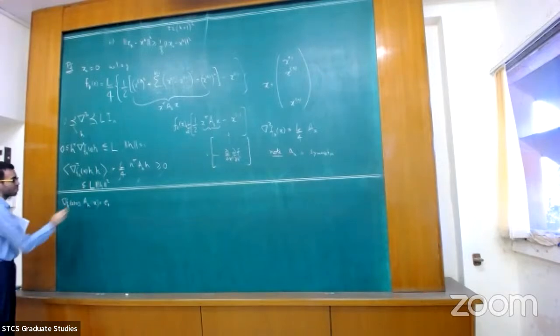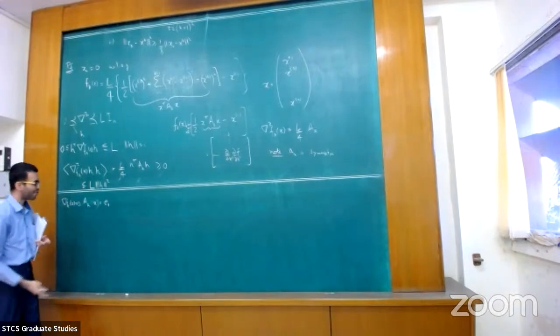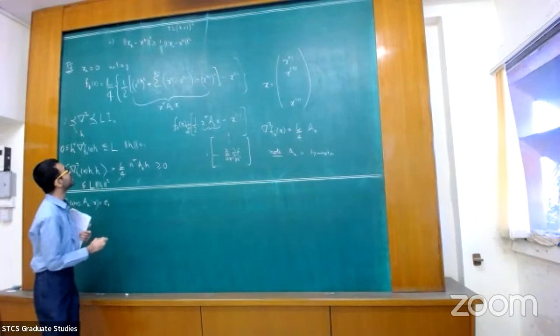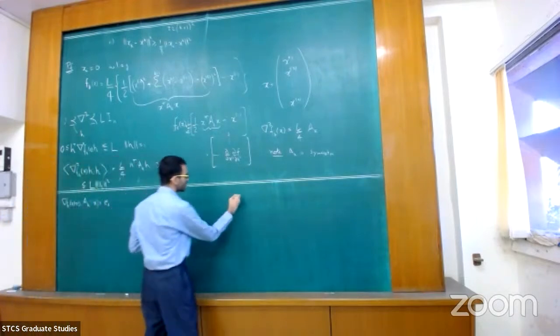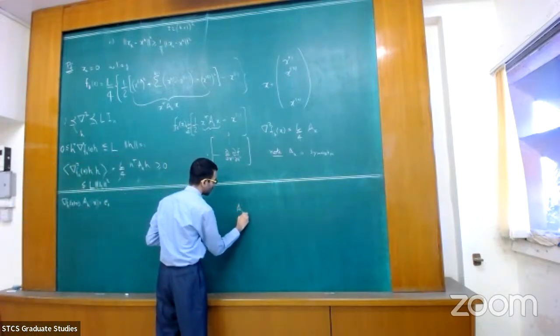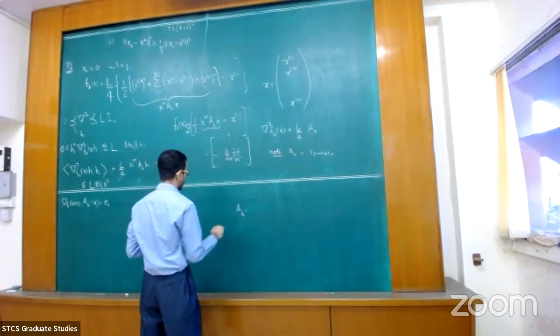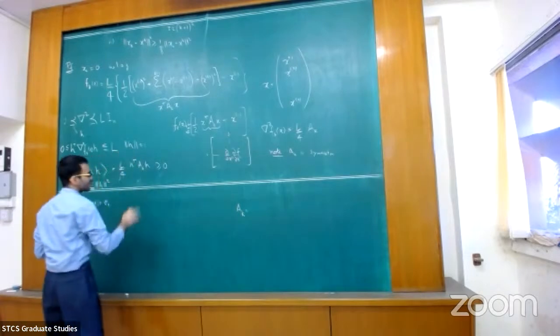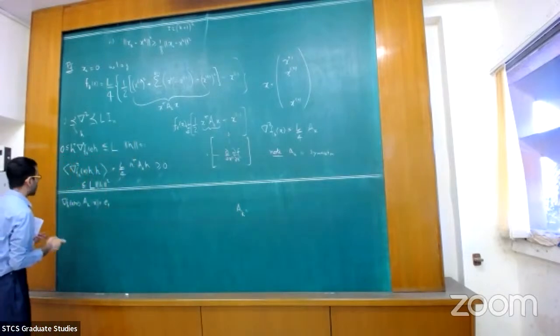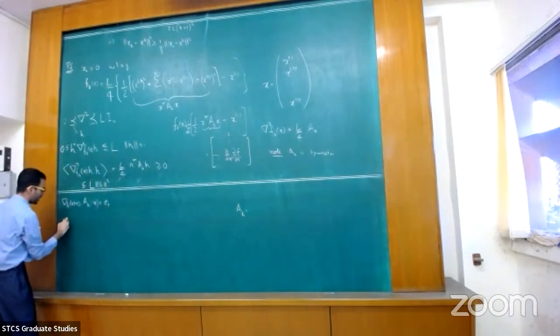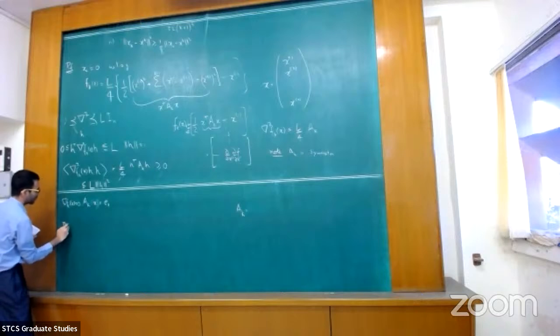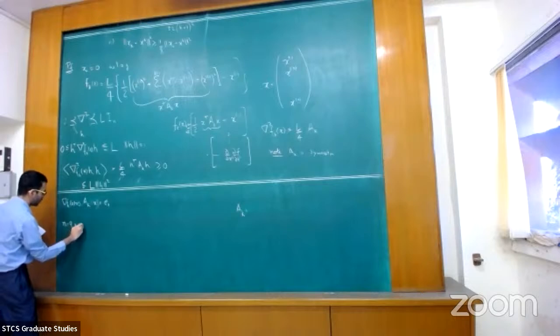Let's solve this, and it's a good time to write down what Ak is. Now we'll take an example just to make it look a bit better. Let me choose, say, n equal to 9 and k equal to 4.